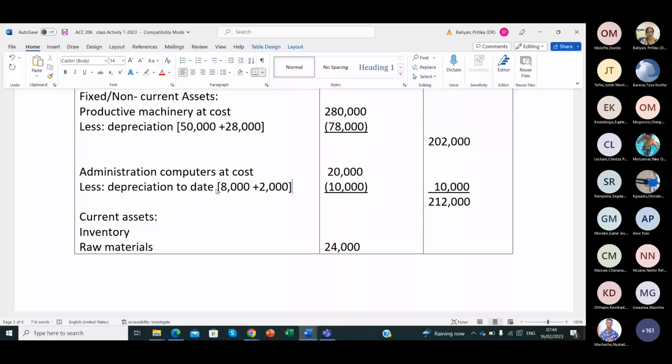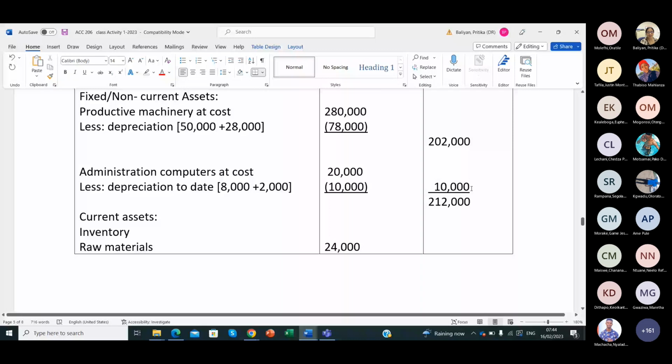So it means that in the previous year it is depreciated by 8,000, and this year depreciation rate is 10% on the cost price of all the assets. So 10% of 20,000, which is make 2,000. So the total depreciated value, the total provision for depreciation is 8 plus 2, 10,000. And when we subtract 10,000 from 20, so the remaining cost of computers is 10,000 end of this year.